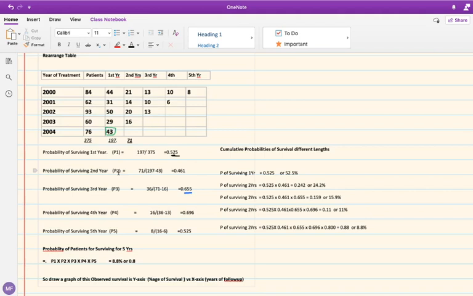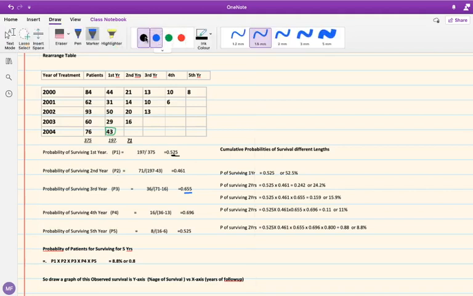Now, in order to understand how many individuals survived on a cumulative basis, how many individuals survived for 2 years? That's the question. So this is the probability of surviving the first year, second year, third year, fourth year. But on cumulative grounds, the number of individuals who survived for 2 years is equal to P1 into P2.